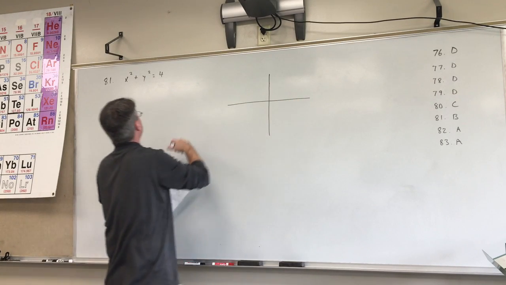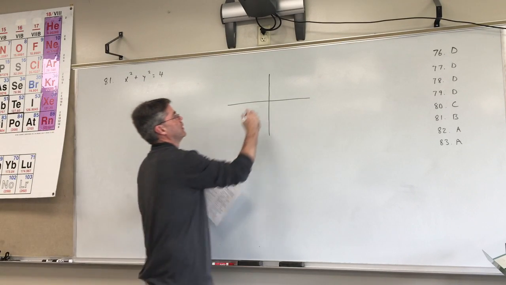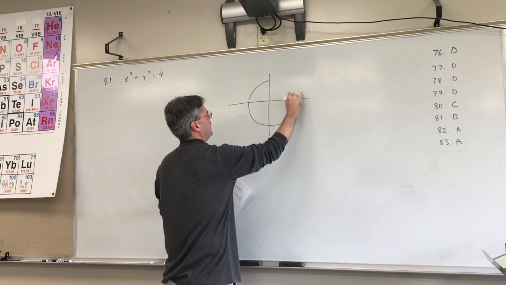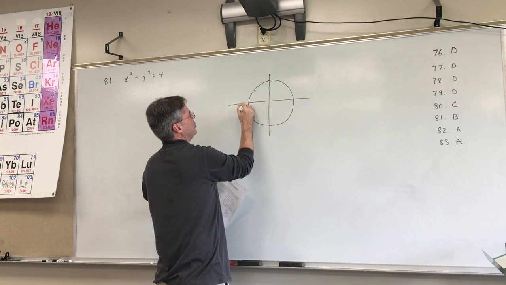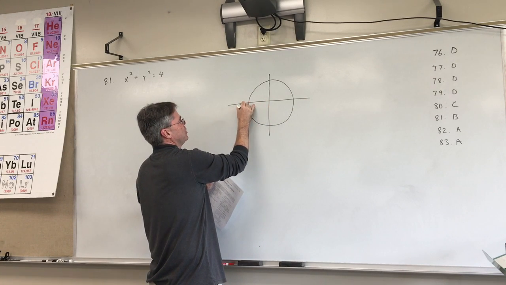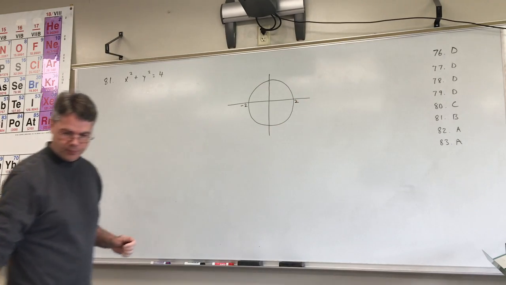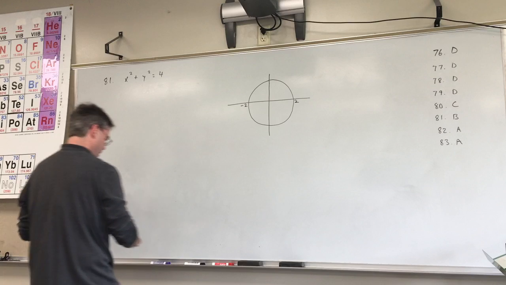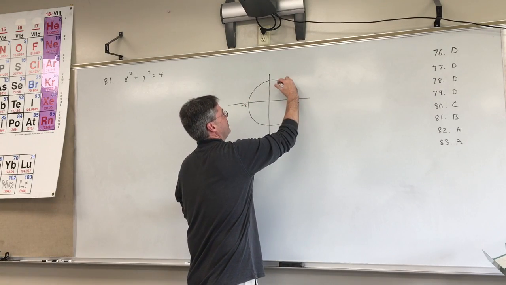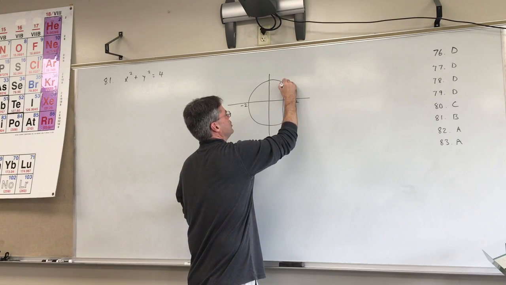First of all, you have to recognize that's a circle with radius 2. Let's draw that in. It's centered at the origin with radius 2, so it goes from -2 to 2. Now what it's saying is that you're going to chop this up into shapes, and the shapes are semicircles.